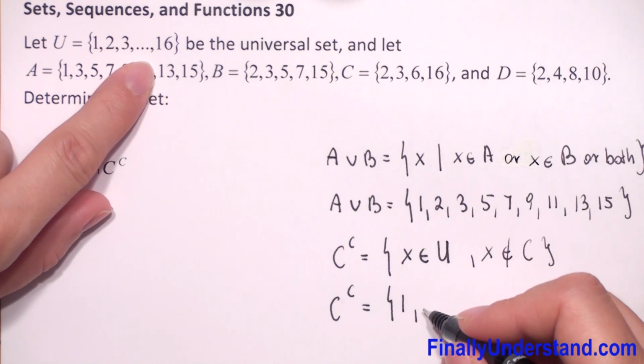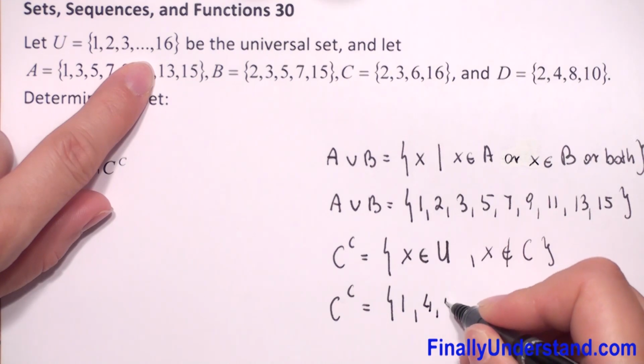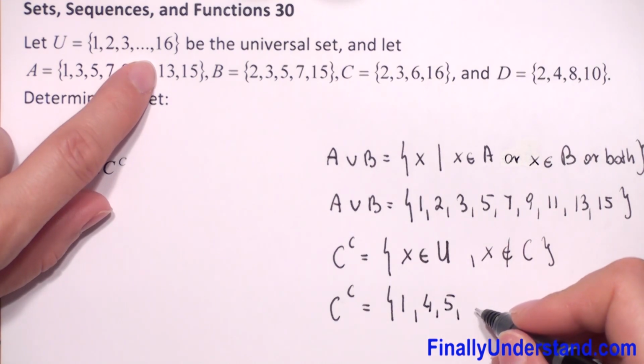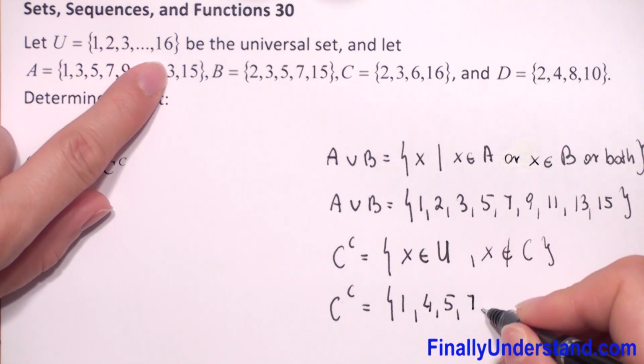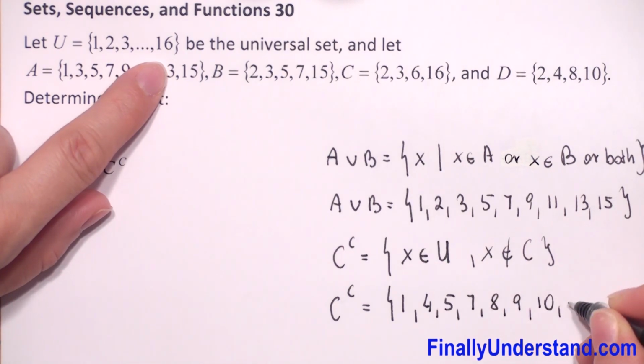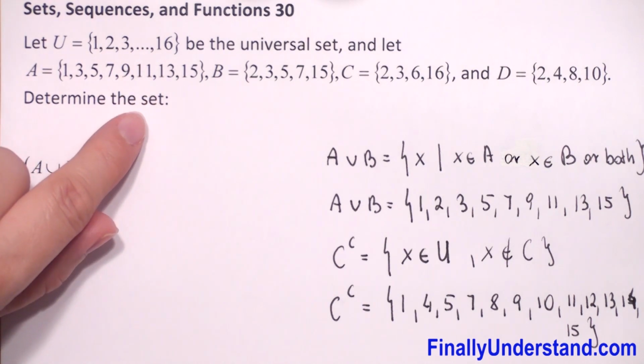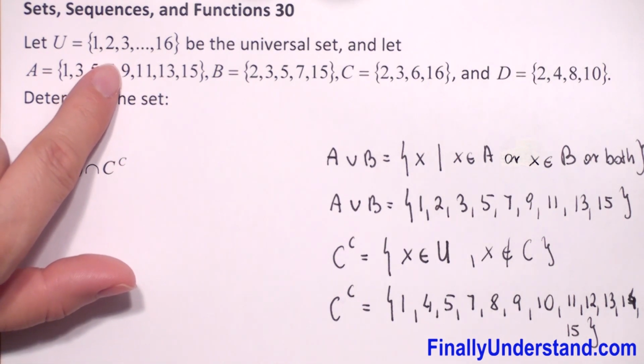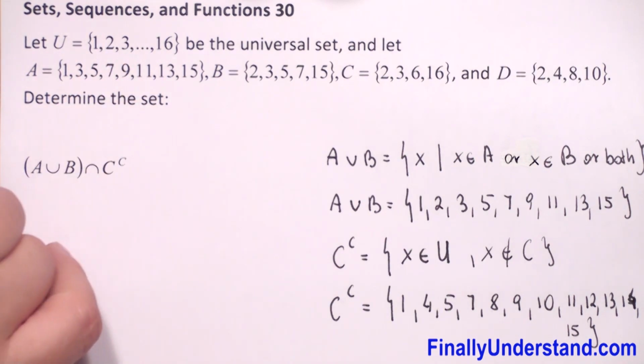So we have 1, 4, 5, 6 we will not put, next is 7, 8, 9, 10, 11, 12, 13, 14 of course, and 15 we have. So we have to put all elements which we have in universal set U and we don't have in set C.